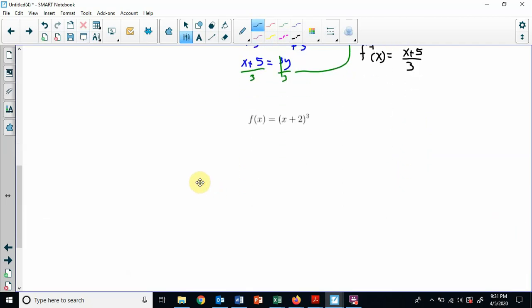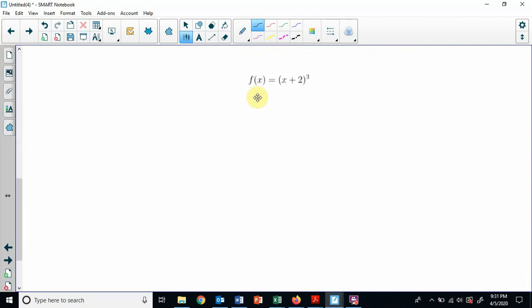One more example of this. How about this one? Well, once again, let's drop the fancy function notation. And here we are, and you say, switch the x and the y. Yeah. All right, beautiful. And then you say, okay, well, how do I solve for y this one?